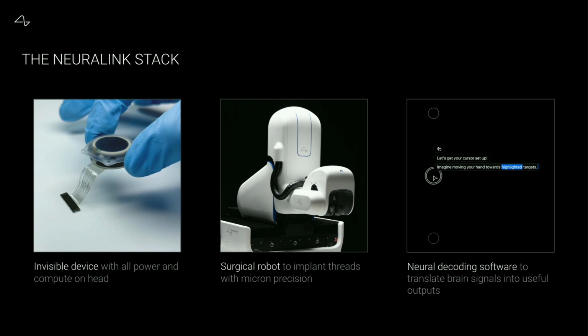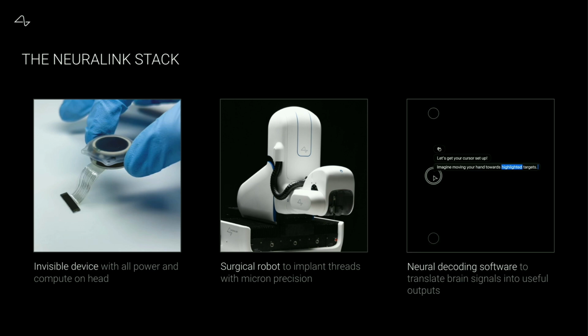So how are we doing this? Well, the Neuralink stack is composed of three main components. On the left here, you can see that we have our device. It's called the Link. This is an invisible device that is surgically implanted into the cortex of the brain. You can see that there is a chip. It's a circular disc about the size of a US quarter, and that chip has long, thin electrodes coming from it.